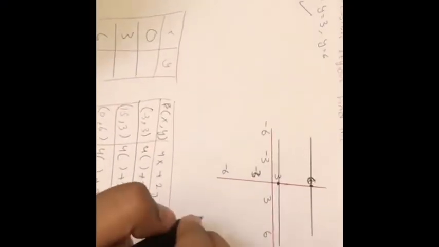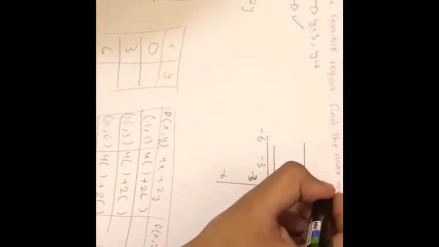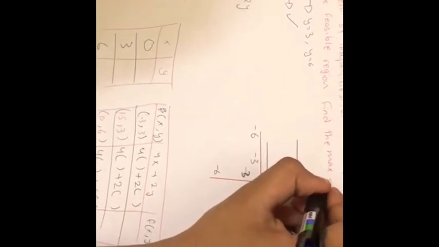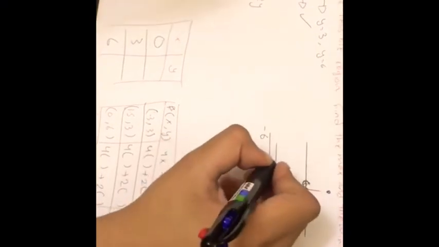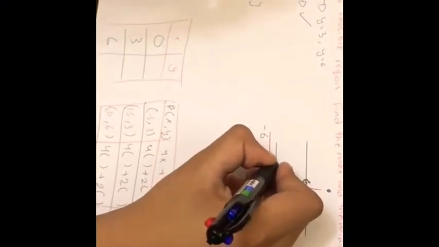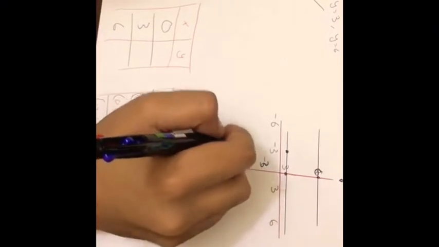And we're done with this line, so we graph it. So 0 with 12. Let us say 12 is here. And minus 3 with 3. And minus 6 with 6.